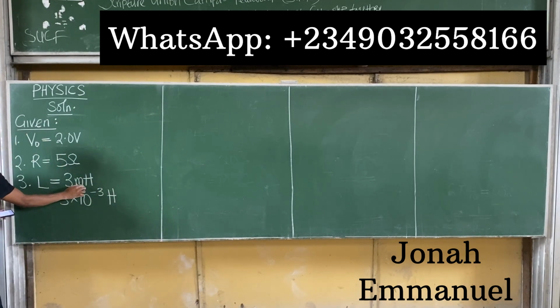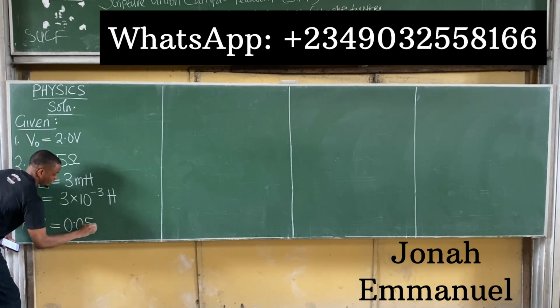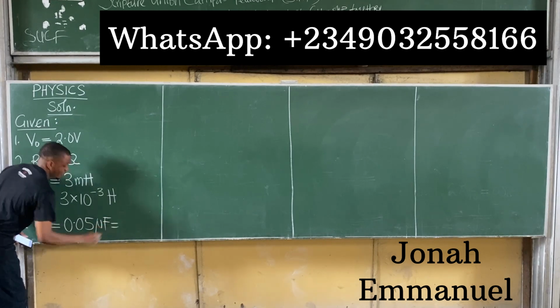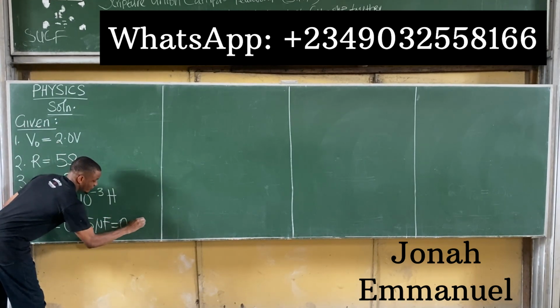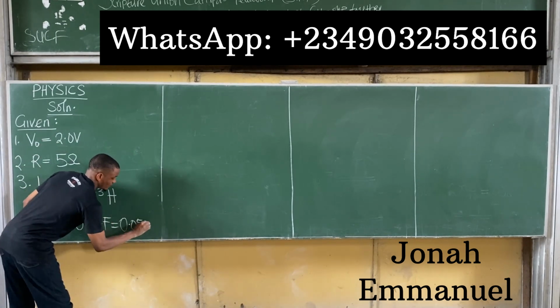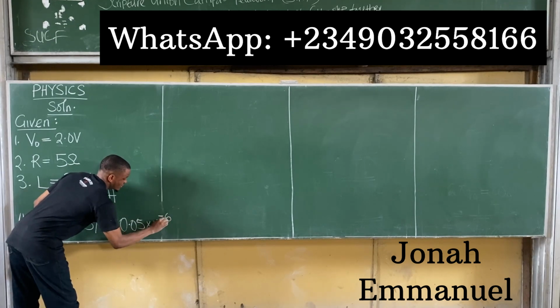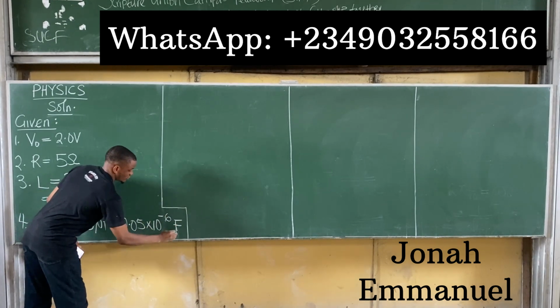So milli is 10 to the power minus 3. Number 4, you're also given the capacitance. Capacitance is C. The value here is 0.05 microfarad. Putting values, it becomes 0.05. Micro is 10 to the power minus 6, so 10 to the power minus 6 farad. So I have this.